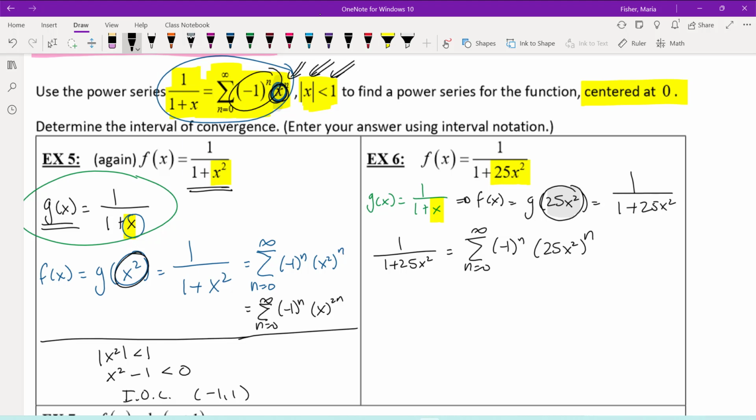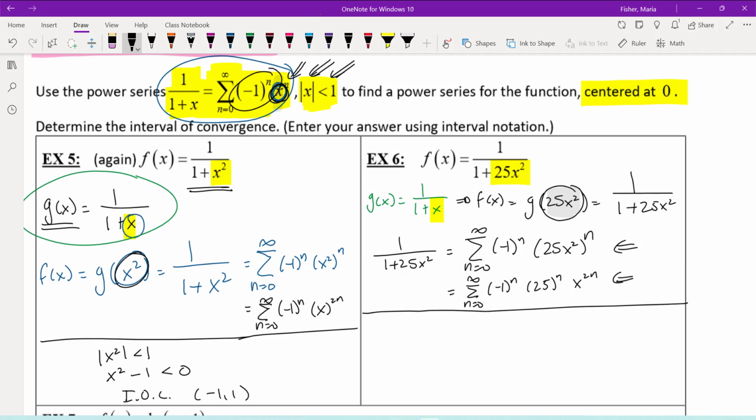Well, I can leave it like that, or I can distribute that nth power. If we were to distribute the nth power, we're looking at the sum from n equals 0 to infinity of negative 1 to the n times 25 to the n times x to the 2n. And either this answer or this answer is acceptable. They're both correct.